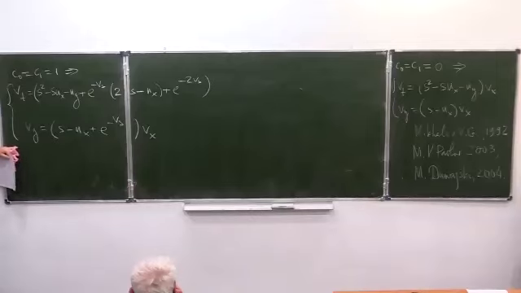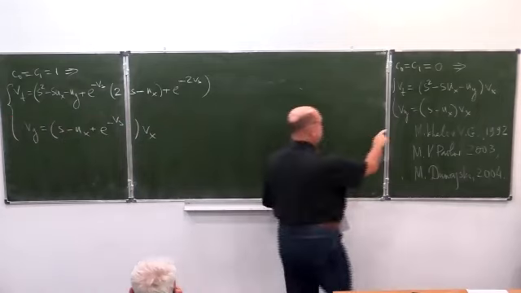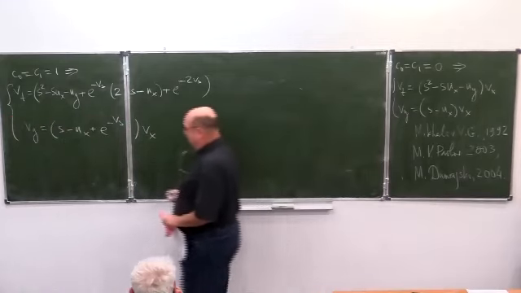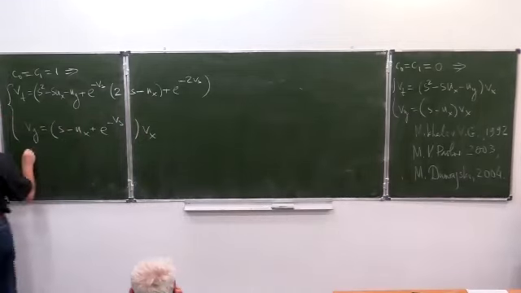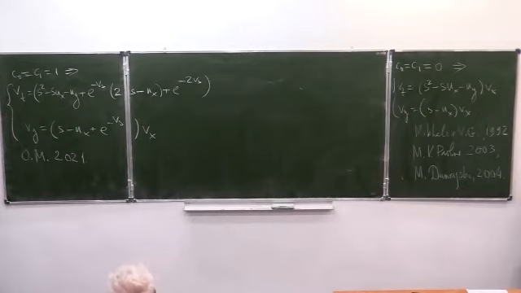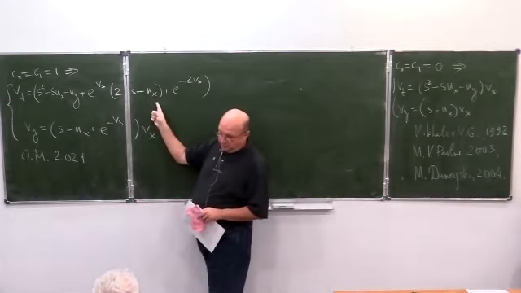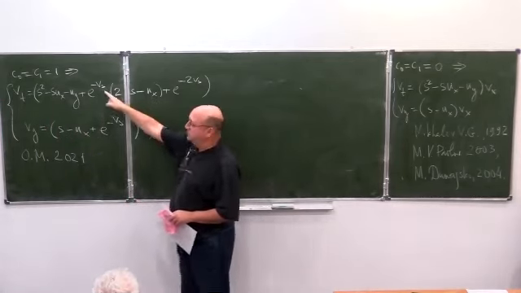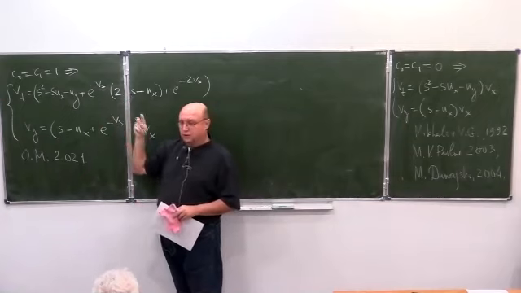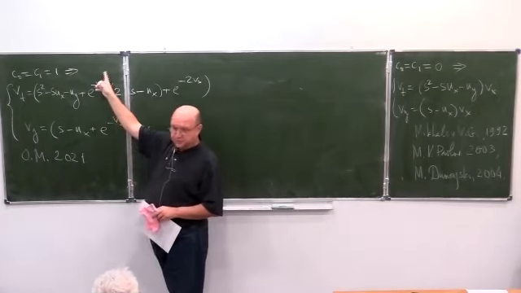This Lax representation is not equivalent to the previous one. Well, it was found this year. The system depends, the V depends on 4 variables, while the initial equation depends on 3.